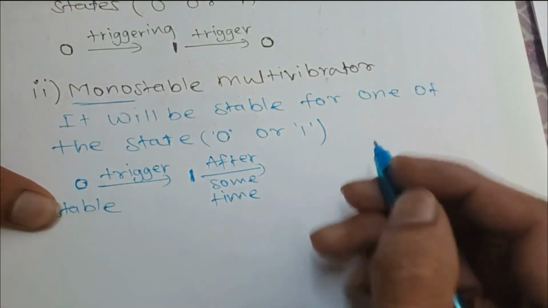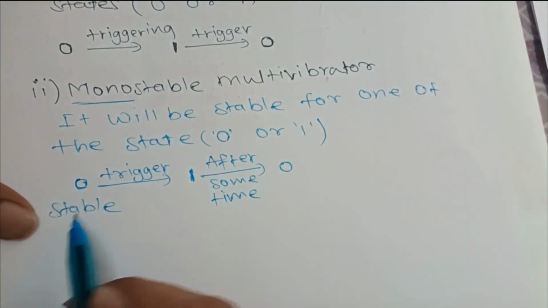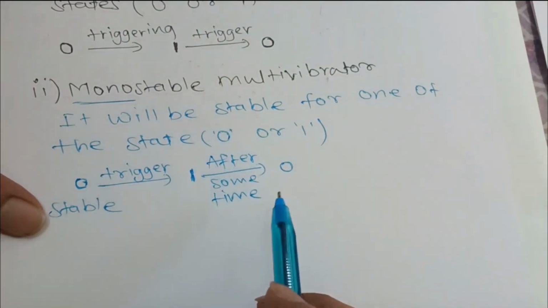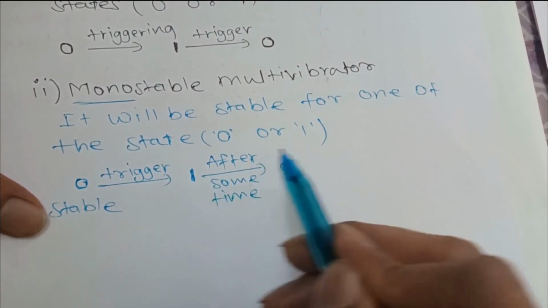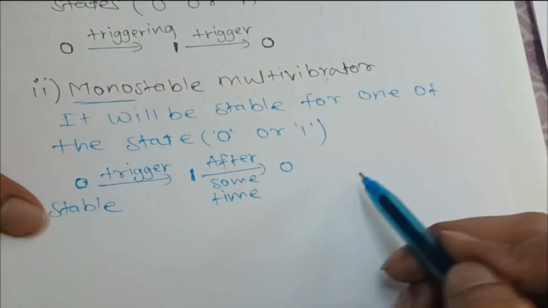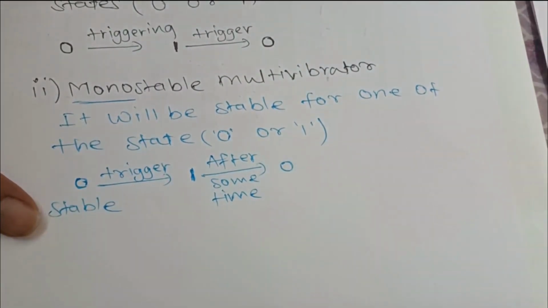It is going to come back to 0, because we considered 0 as the stable state, right? So there is no requirement of triggering at all. If it is at state 1, it will automatically come to 0 after some time. So this is a monostable multivibrator. Hope it is clear to you all.